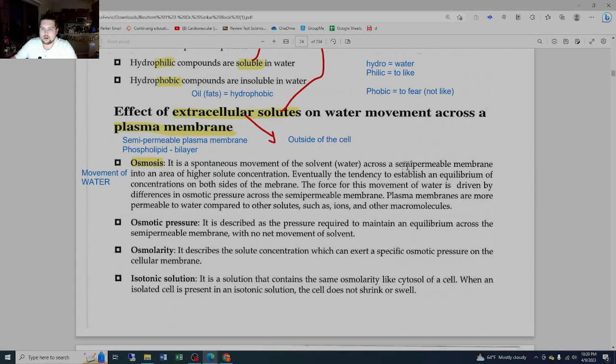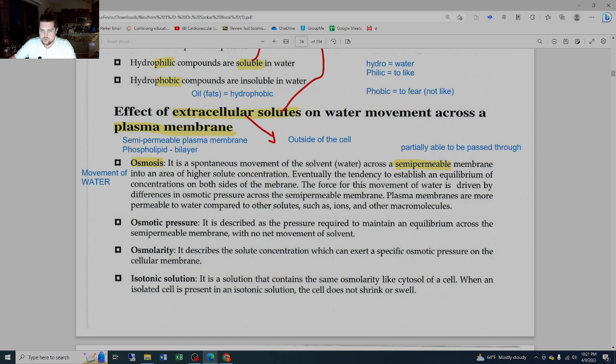The solvent is the water across a semi-permeable membrane. Semi-permeable, if you don't know what that means, quick definition, that means it is partially able to be passed through. So certain things are able to get past it, but other things cannot.